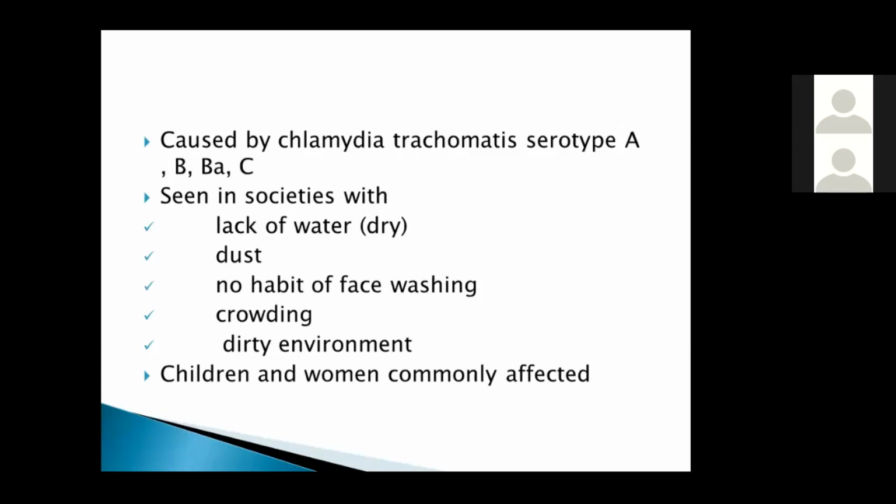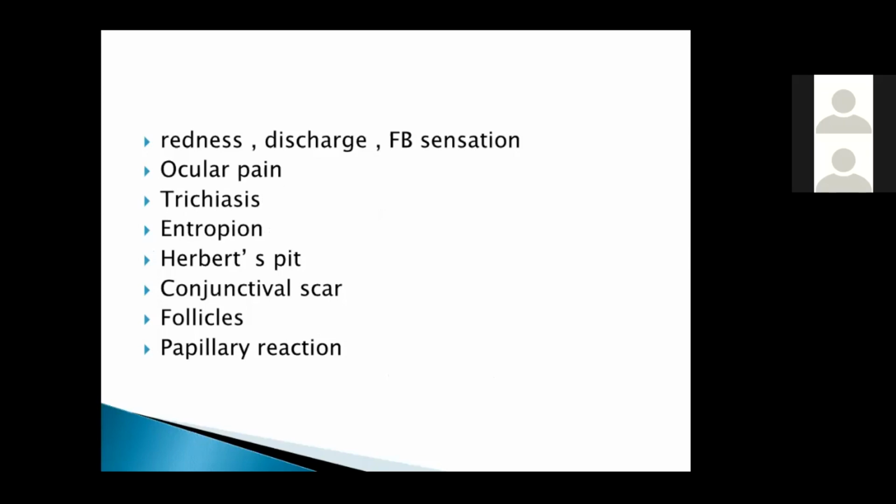So we don't normally see it in urban areas. These are usually patients who come from rural areas and even those who are poor. So this is an indicator for poverty. It's like diagnosing malnutrition in pediatric work.